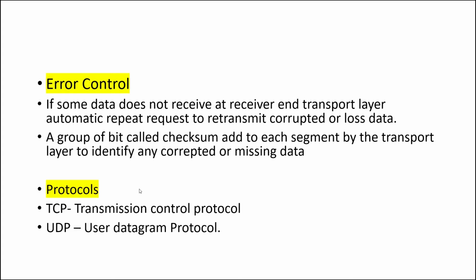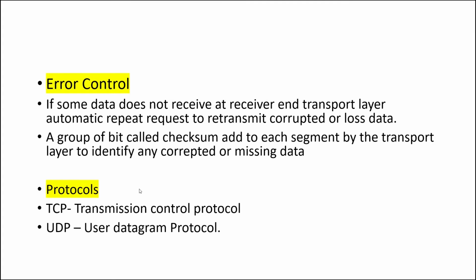So let's say when you receive data, you have missed some data. Then your transport layer again repeats a request to retransmit the corrupted or lost data. So this is one of the supports of our transport layer. We call it error control.